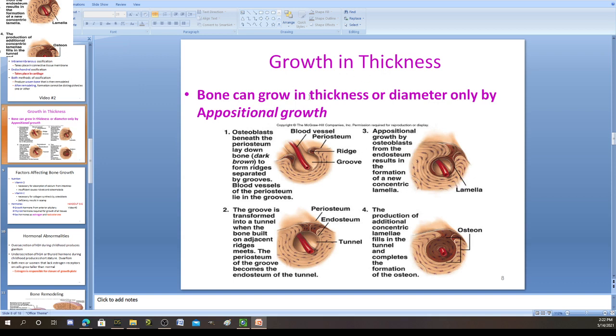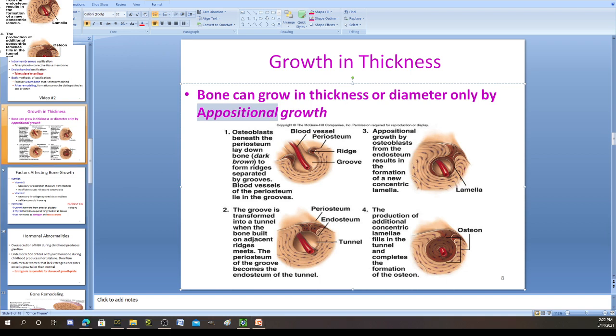And so this is just a diagram that shows that bone tissue, I should say, only grows in thickness. Now, getting thicker is called appositional growth. And you don't have to know the details of this, but you need to realize that sheets of bone can be laid down, making that bone thicker. Right?